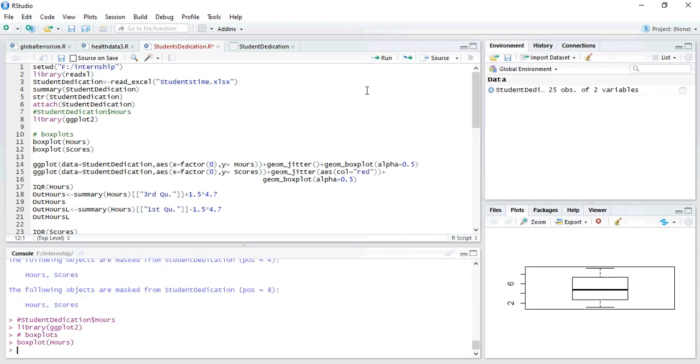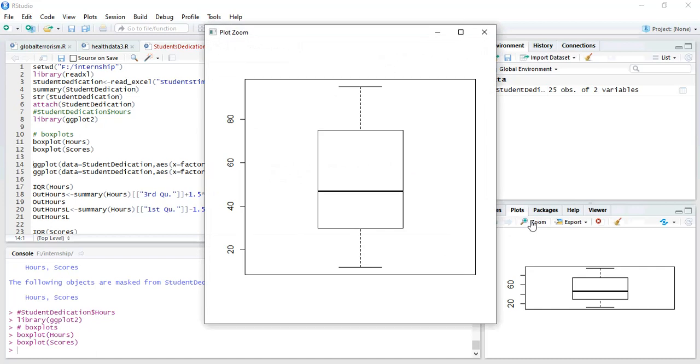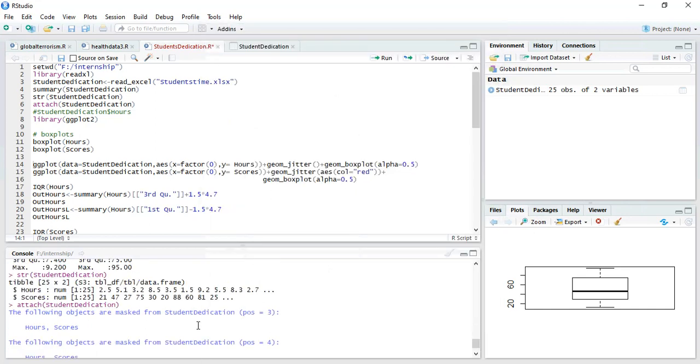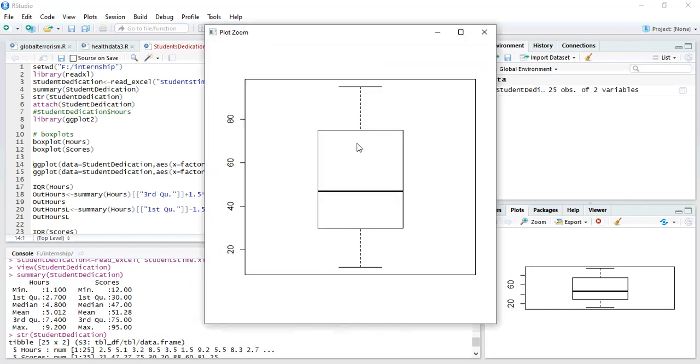Now, the box plot for scores is again the same. The minimum is 12, somewhere here. The first quartile is 30, and the third quartile is 75.